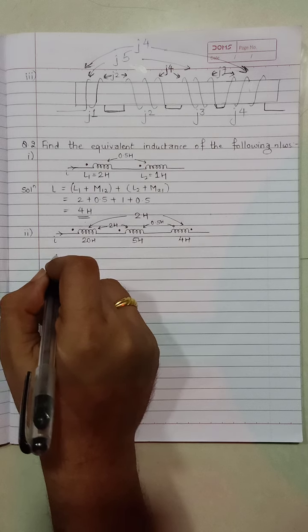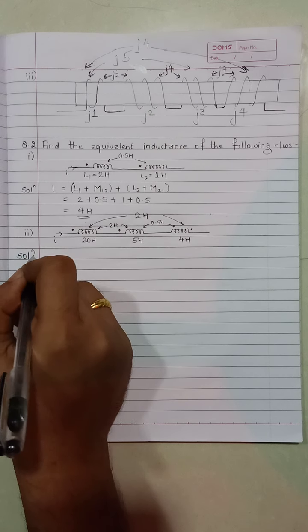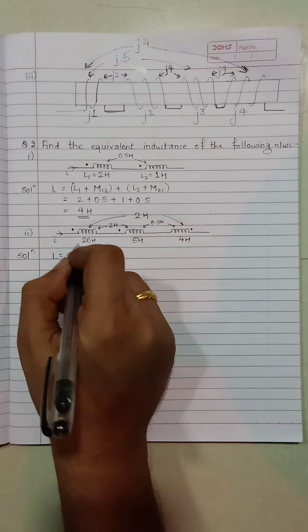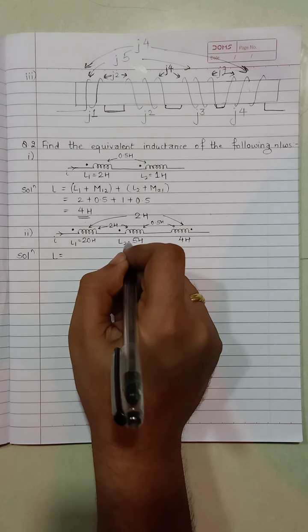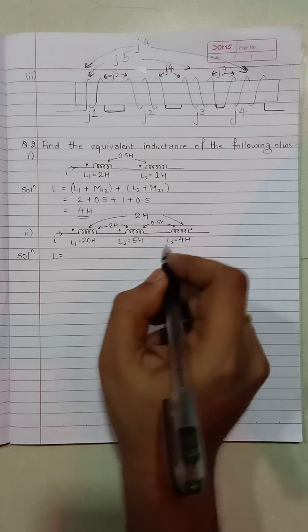So we'll find total L as, so this is L1, L2 and L3.